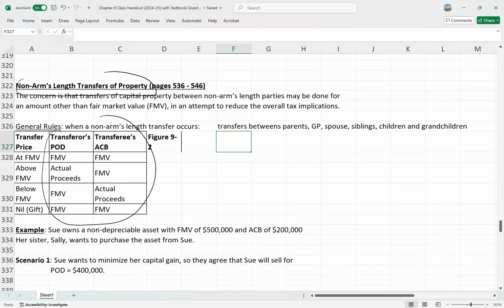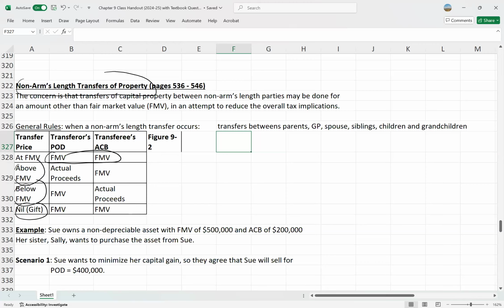The reason the CRA has these rules is that if you're transferring between arm's length individuals, people who are not related, they will likely transfer property at fair market value. So everything will be okay. But if we're talking about non-arm's length individuals, they may decide to transfer property above fair market value, below fair market value, or maybe they'll just give it as a gift.